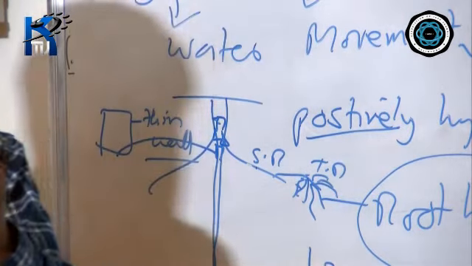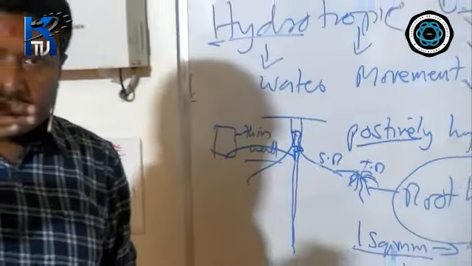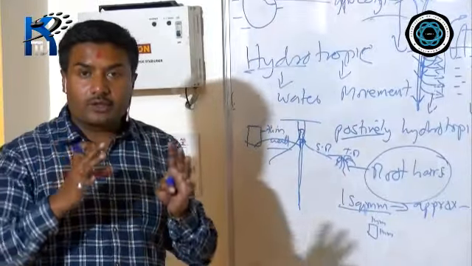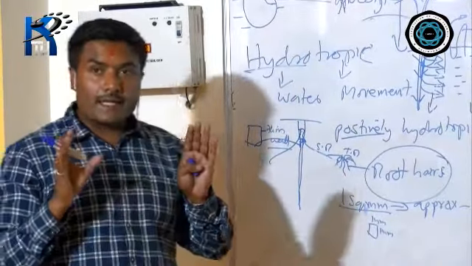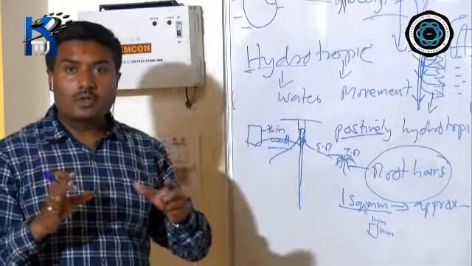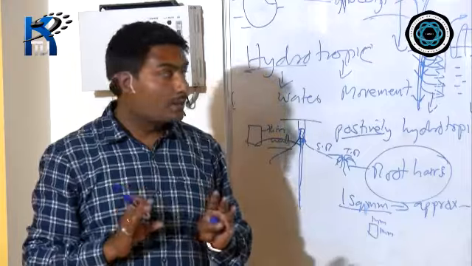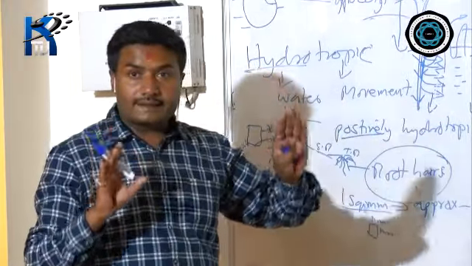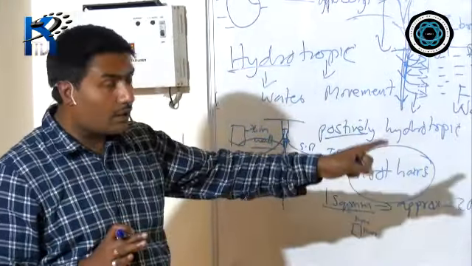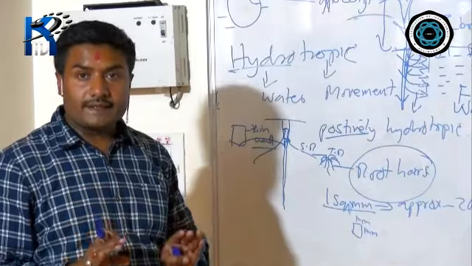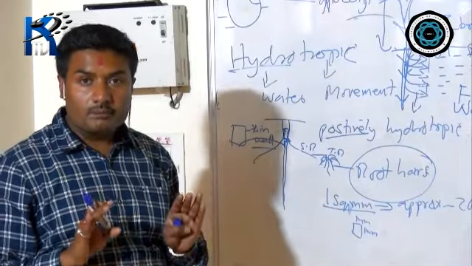The water and minerals can easily penetrate inside, which makes it easy for the plant to absorb water and minerals. So these are the characteristic features of the root that facilitate absorption of water and minerals.